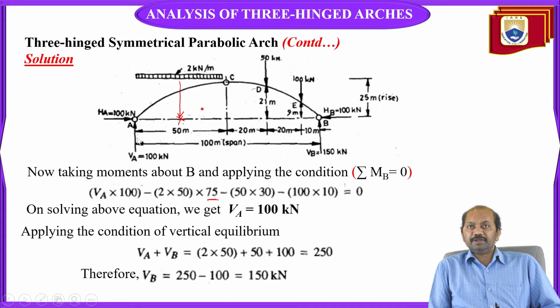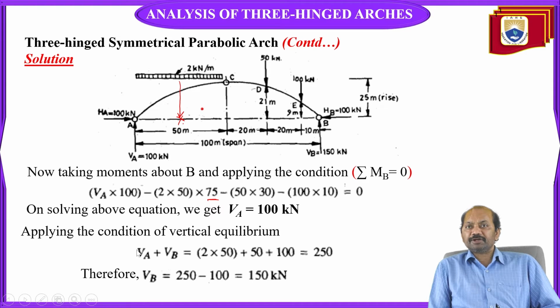So VA plus VB is equal to the total downward force, that is 2 into 50 plus 50 plus 100 is equal to 250.